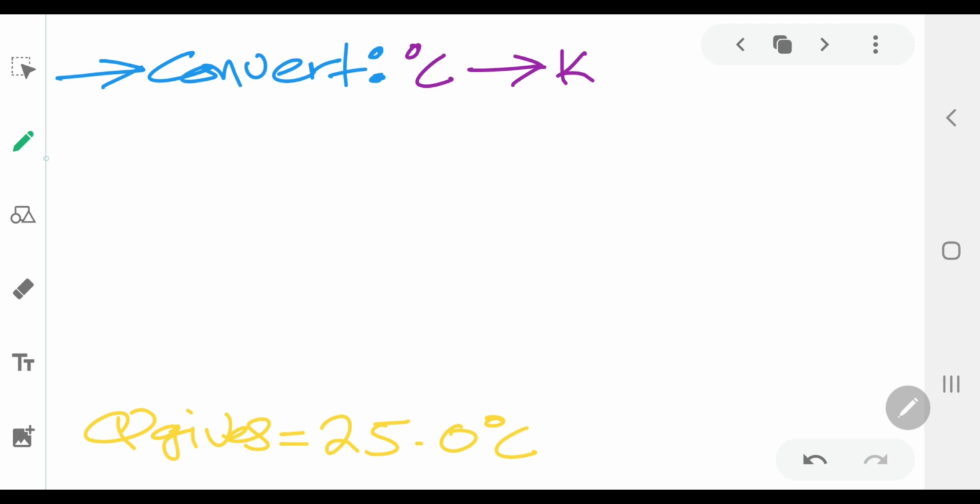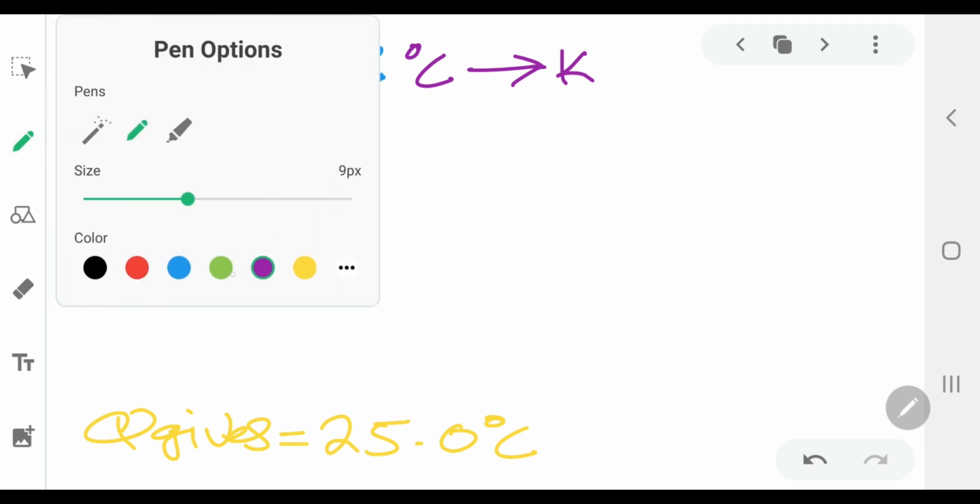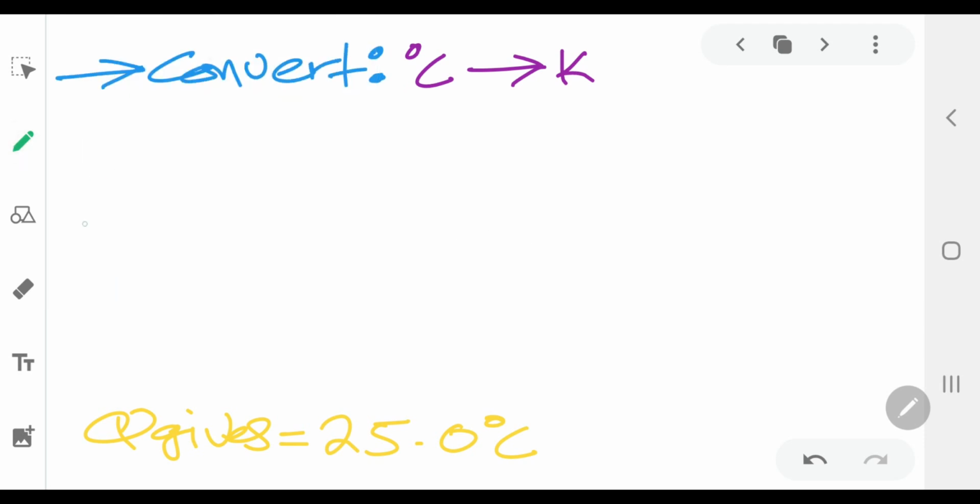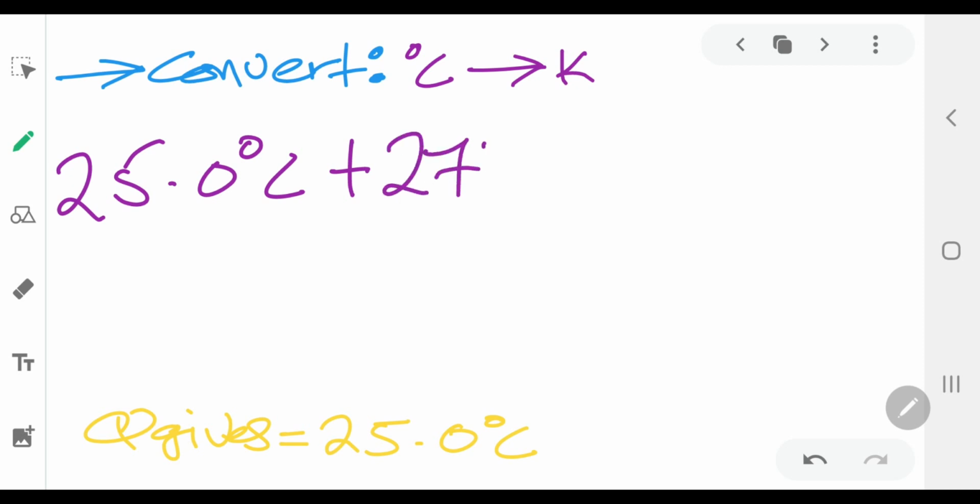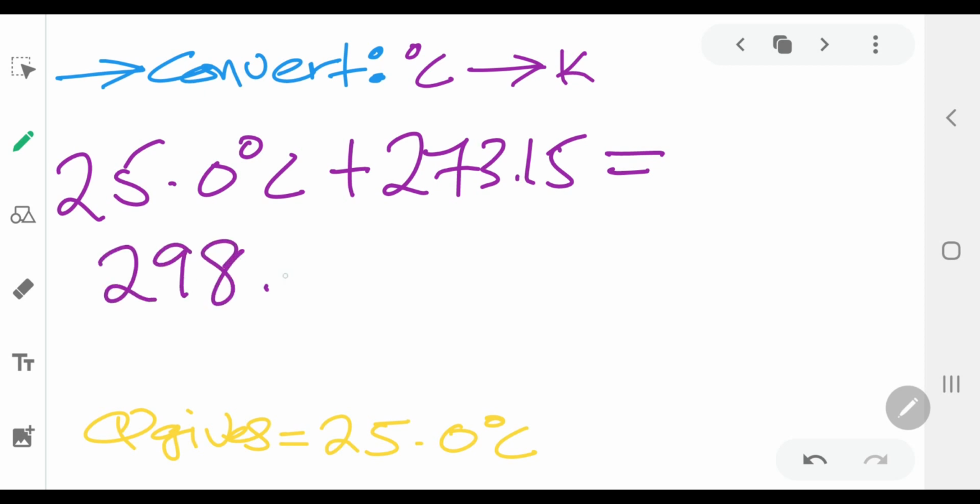Okay, and then temperature, we have 25 degrees Celsius plus 273.15, and you should be getting 298.15 Kelvin.